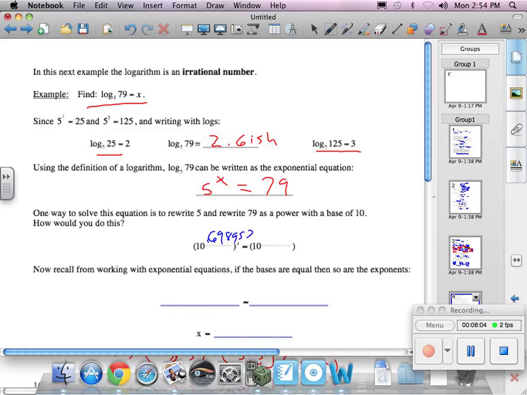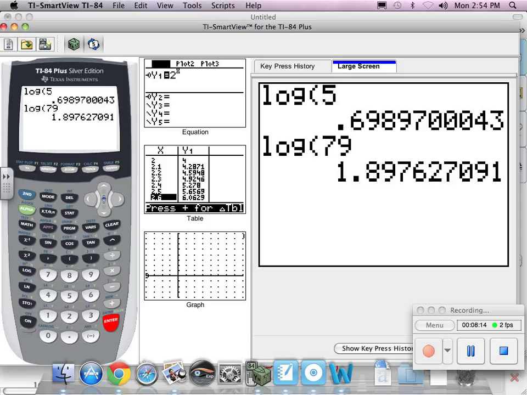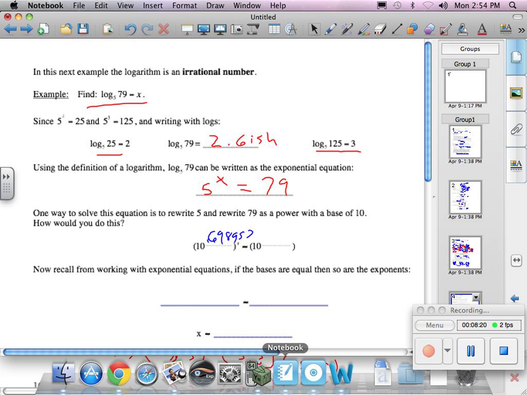Okay. And go back into my calculator and say find the log of 79, and I'm going to get 1.8976. Okay?